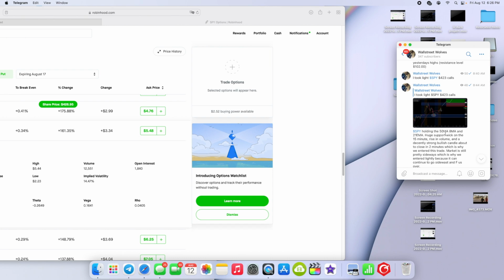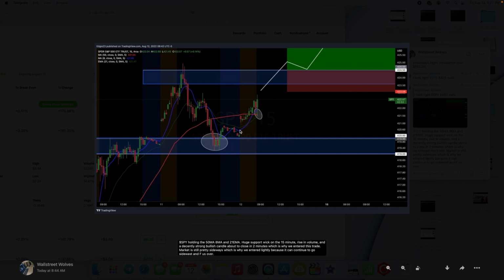SPY holding the 50, 8, and 21 MAs. That's the picture we sent right here, right? So the 8 MA is the blue line that you see right here all across the screen. The 50 MA is the red line that you see right here. And the 21 EMA is this thin green line that you see on the chart.